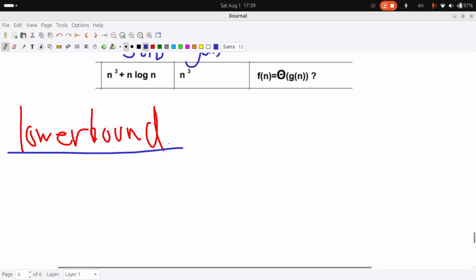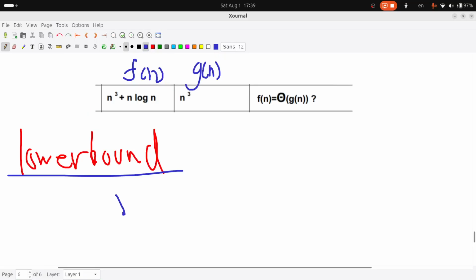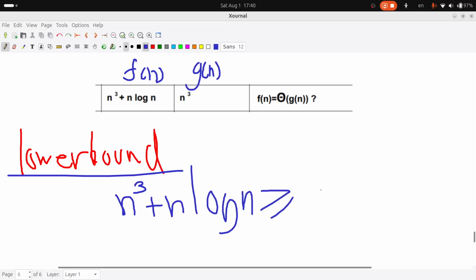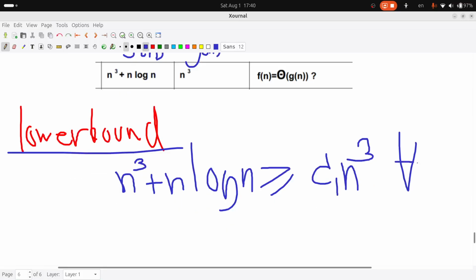For the lower bound, we have to find the constant c1 and some starting point, right? That n to the power of 3 plus n log n is greater than c1 multiplied by n to the power of 3 for all n greater than the starting point, right? We have to prove this one.